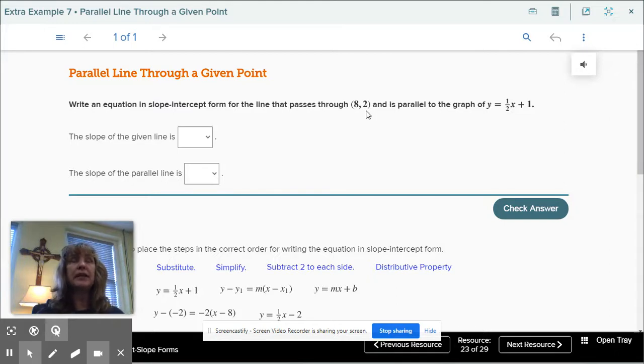Plug these numbers into your point slope equation: y minus y1 equals m times x minus x1. They've given you a start down here. Use your resources. Pause the video before I show you the answer, and see if you can determine it on your own.